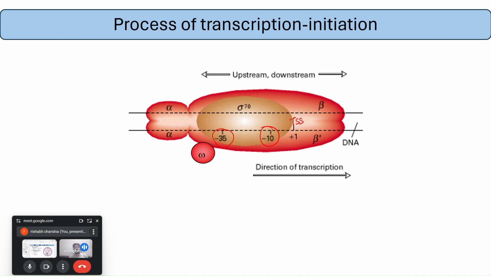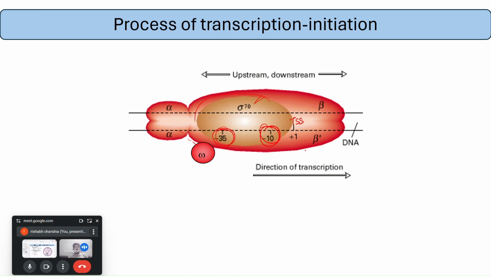This RNA polymerase has bound, and this is the sigma 70 subunit that has recognized both the minus 35 and minus 10 boxes. This subunit is so big that it recognizes both of the regions of the promoter. Then in the backside we have alpha subunits, beta and beta prime, and this is the omega that basically helps in arranging these RNA polymerase subunits.